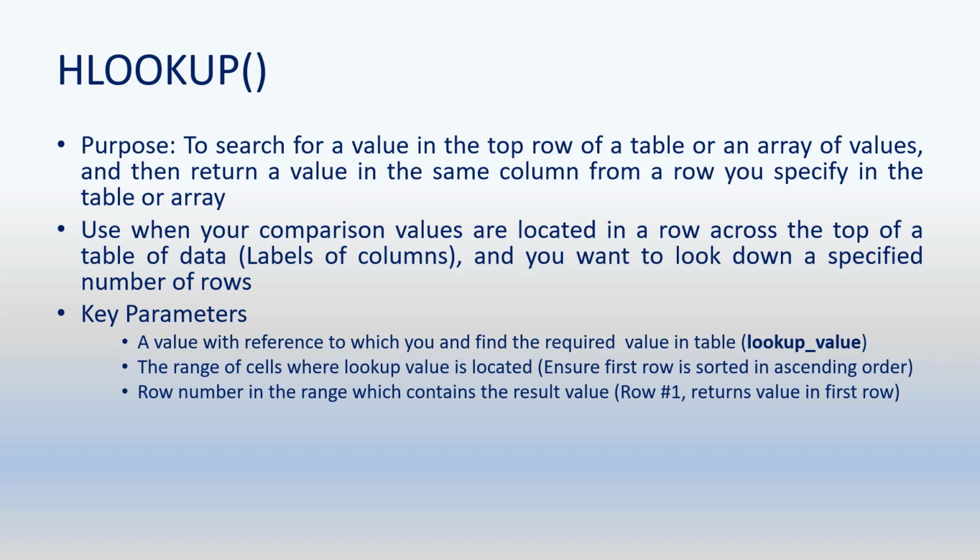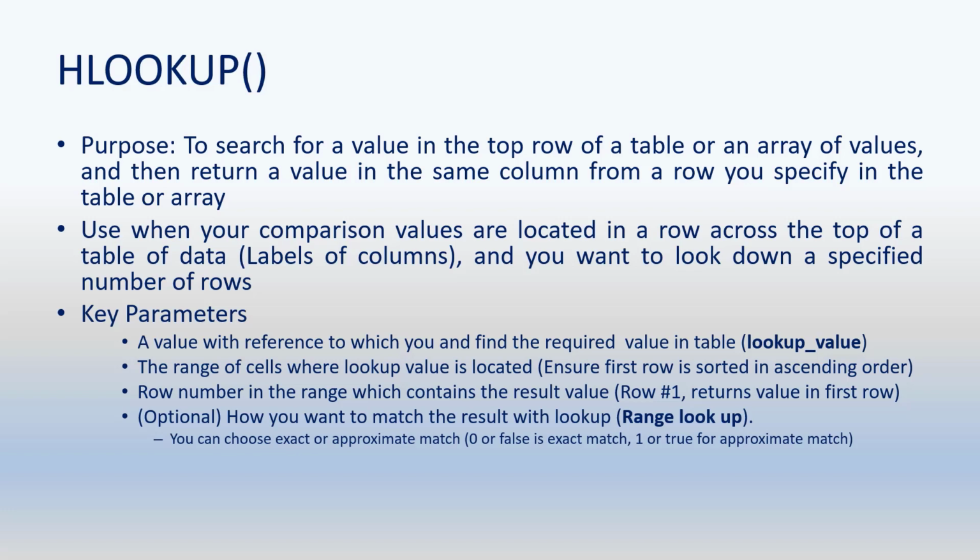The third parameter is the row number in the range which contains the result value. For example, row number 1 returns the value in the first row. The fourth parameter is optional. This is the parameter to tell how you want to match the result with the lookup reference. You will tell whether you want exact match or approximate match.